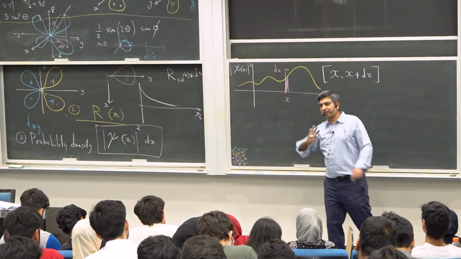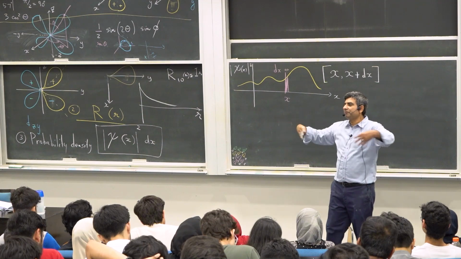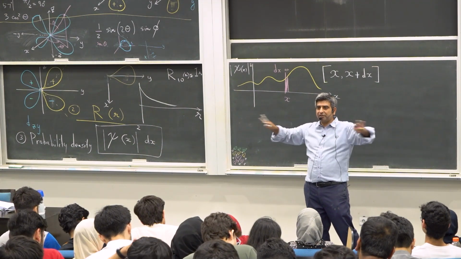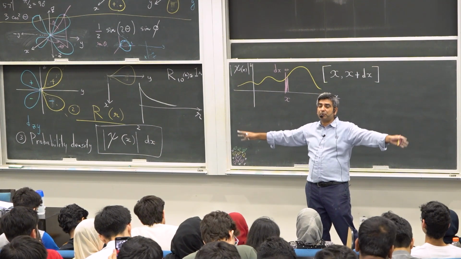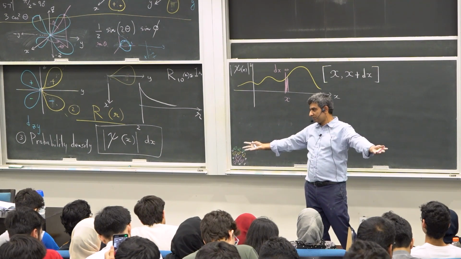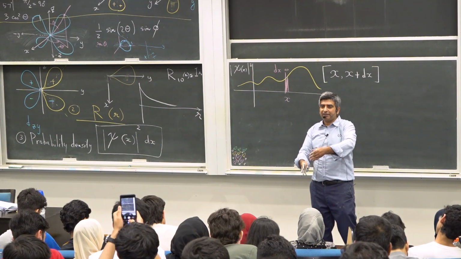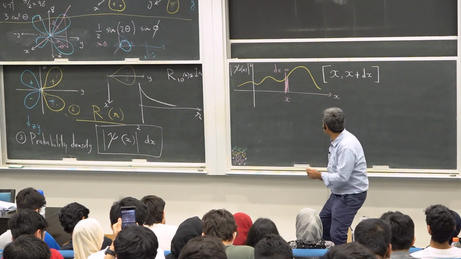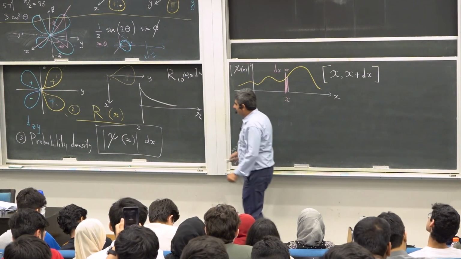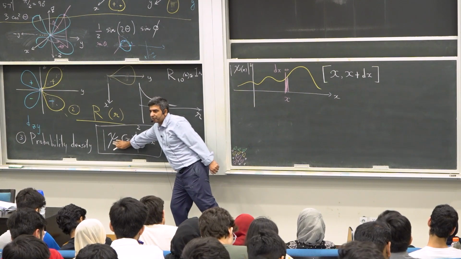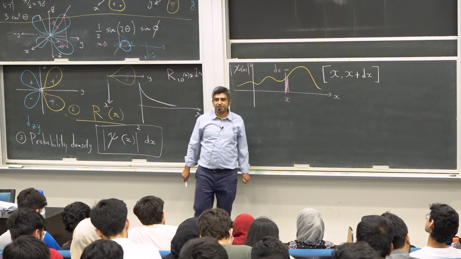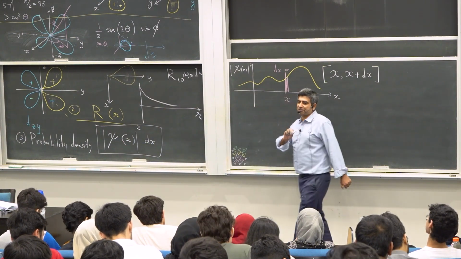A priori, before a measurement, the particle is kind of everywhere. The wave function describes where the particle is potentially to be found. In an experiment, the probability that it kind of fires in this small region is given by this. So this is a probability per unit length, called the probability density.